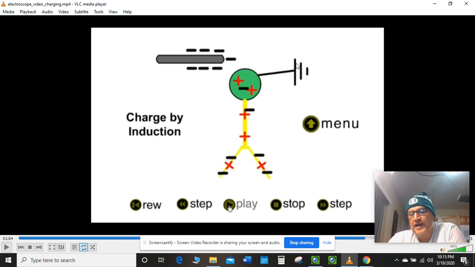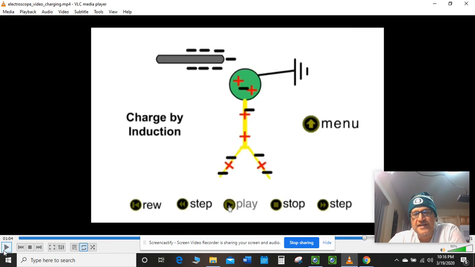Now, this is called ground. Think of it as an excess reservoir of electrons or negative charge, which can give up electrons or can also absorb or gain electrons. In this case, there are electrons here, so they're going to leave this electroscope and go to ground.